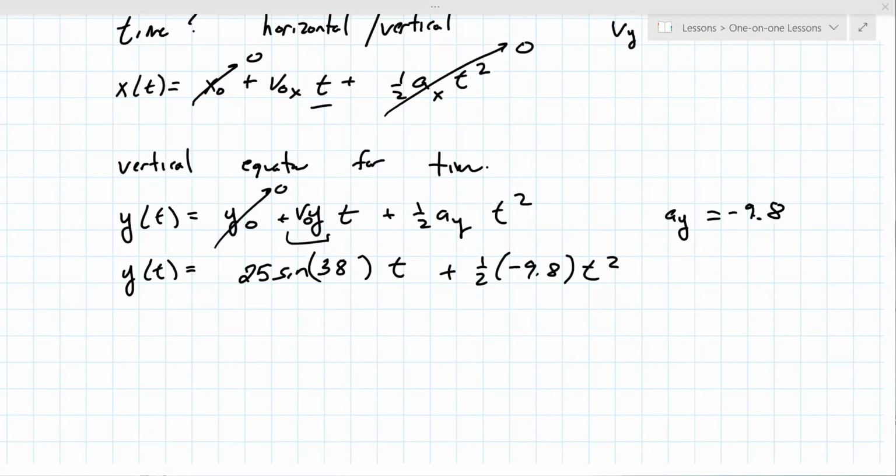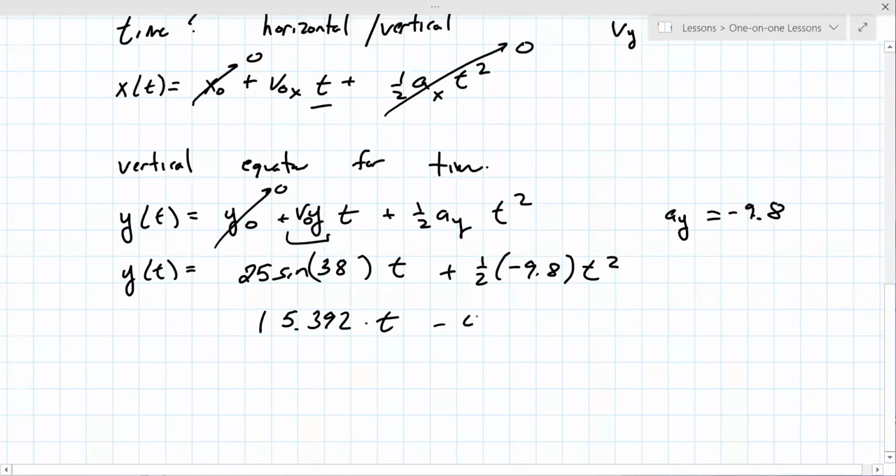We could set it up like t equals 25 sine 38 over 4.9. I'm going to go through the steps here because this is our first problem today of getting the numbers out.